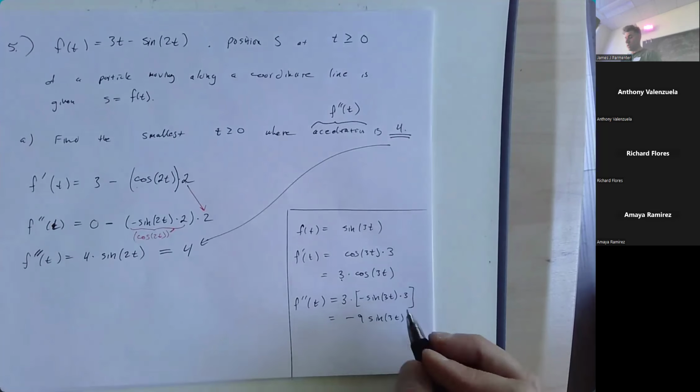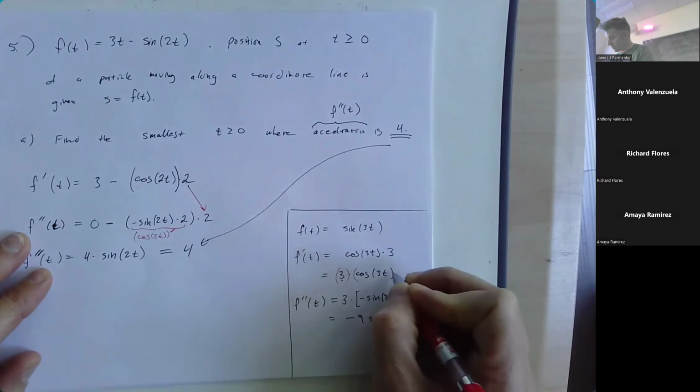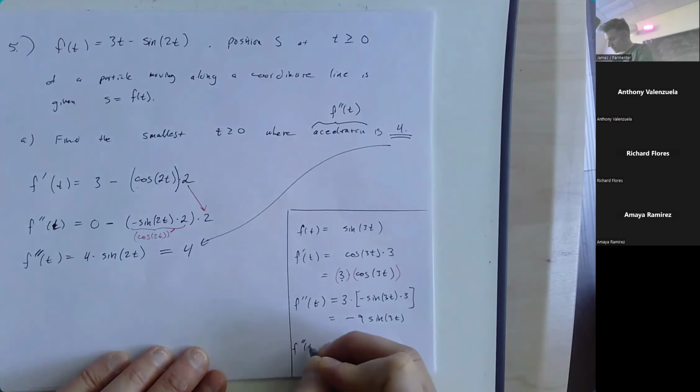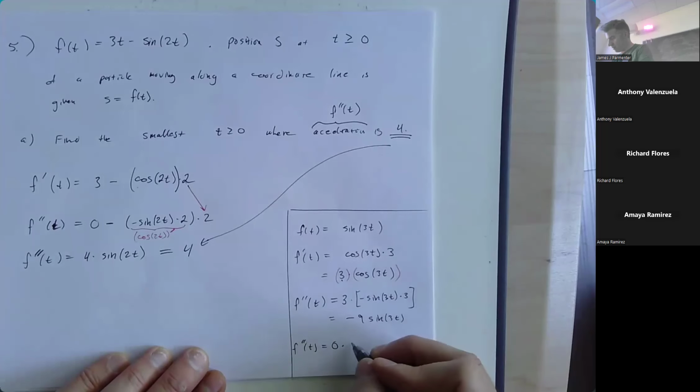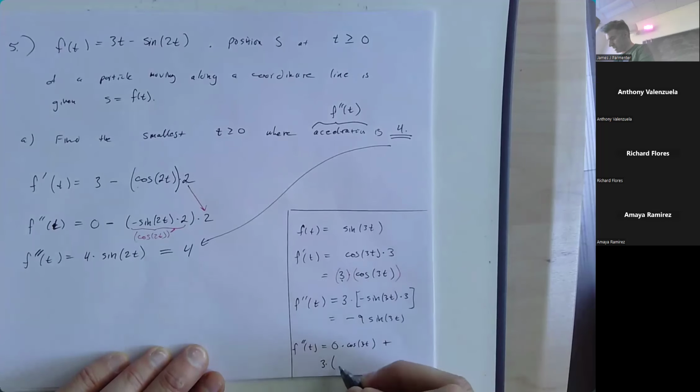Or you can think of this as a product rule. The derivative of 3 is 0 times cosine of 3t, plus the 3 hangs out, and the derivative of cosine of 3t is negative sine of 3t times 3.